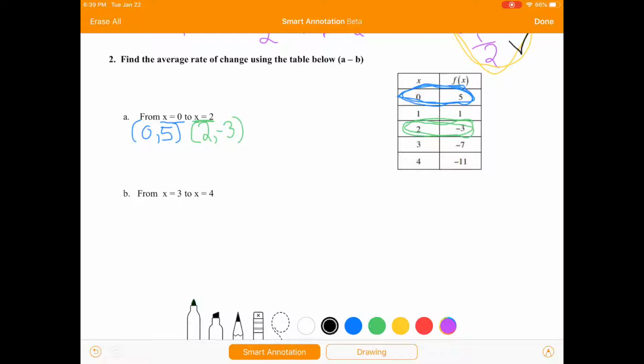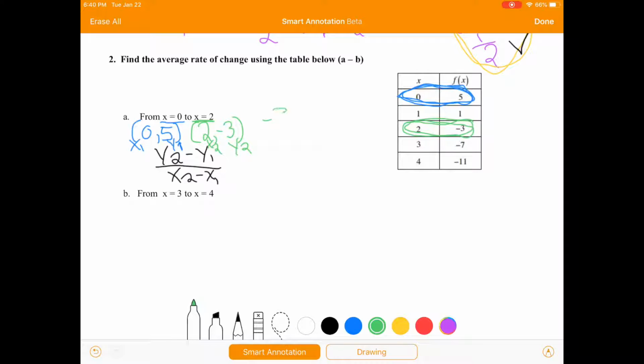Then we're going to use our formula, which was y2 minus y1 divided by x2 minus x1. Again, it doesn't matter what order you use, you just have to keep up with which order you choose. So x1, y1, x2, y2.